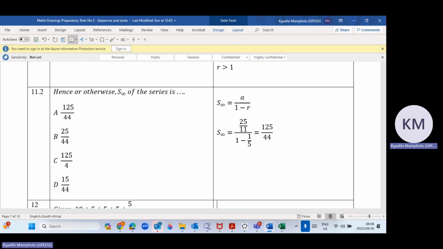When x is equal to 3 over 11, the first term will be 25 over 11. Substituting, r will be 1 over 5. Then the sum to infinity in this case will be 125 over 44, which is option A.